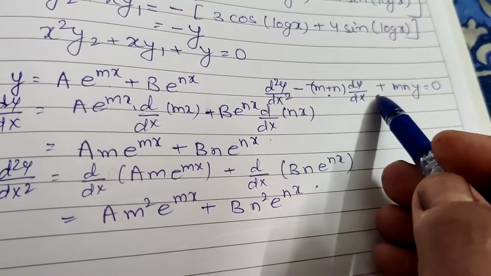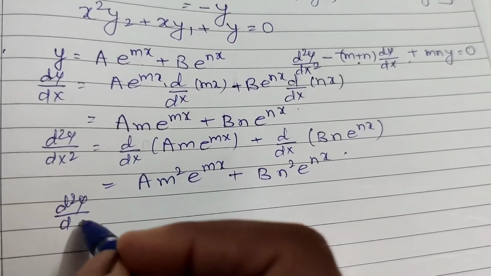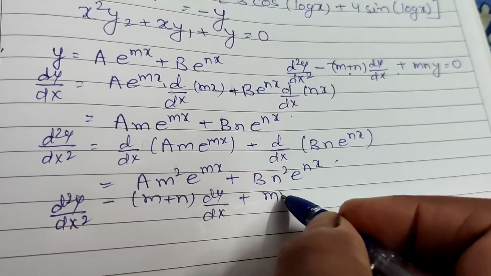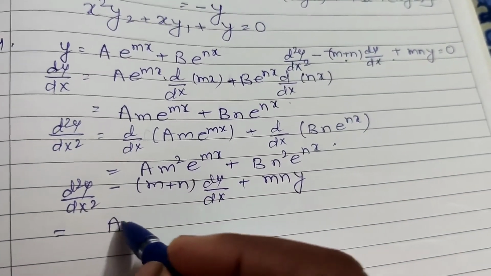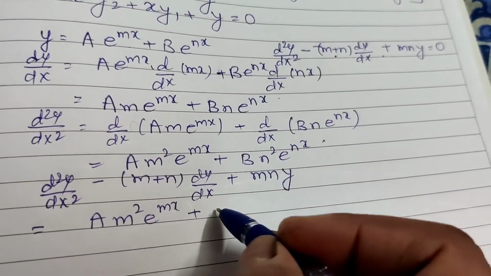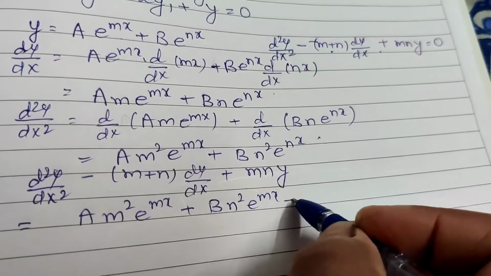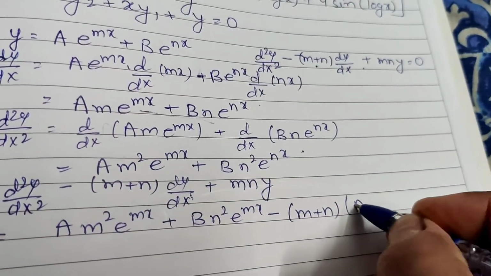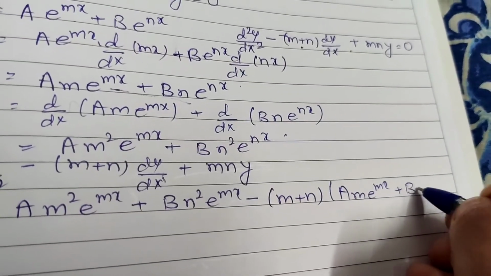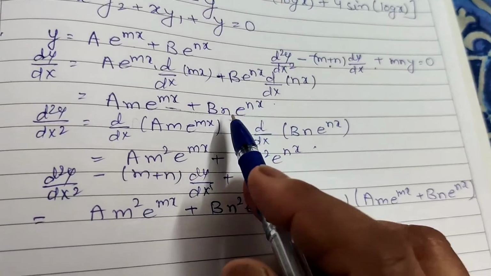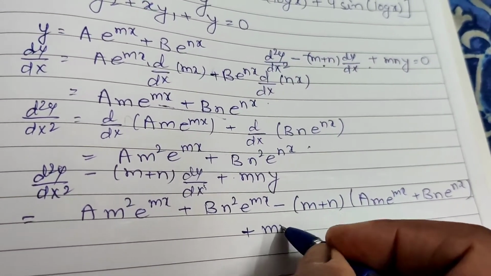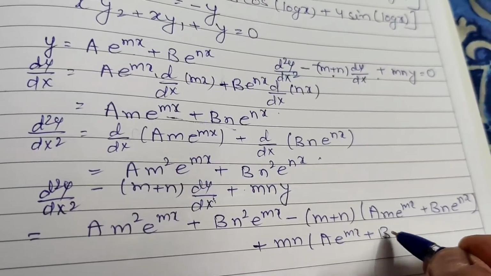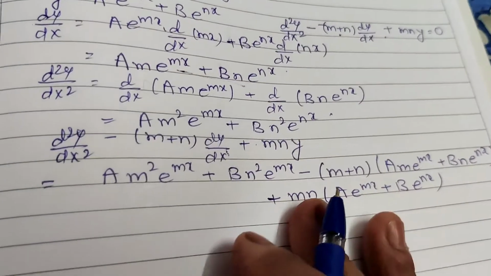Now put in this equation: d2y over dx square minus (m plus n) dy over dx plus m n y, equal to a m square e raised to power mx plus b n square e raised to power nx, minus (m plus n) times dy over dx, which is a m e raised to power mx plus b n e raised to power nx, and again plus m n y, which is m n times a e raised to power mx plus b e raised to power nx. Now simplify.